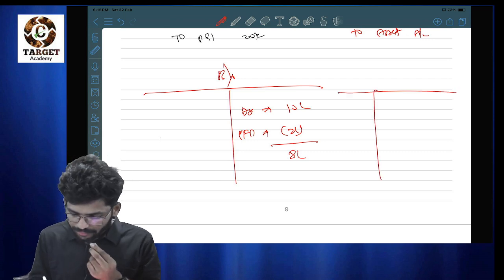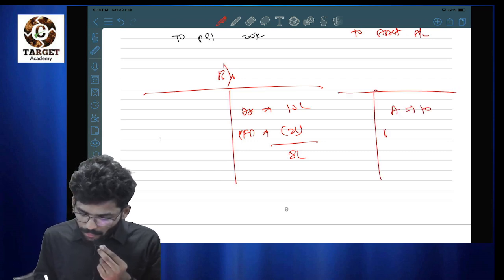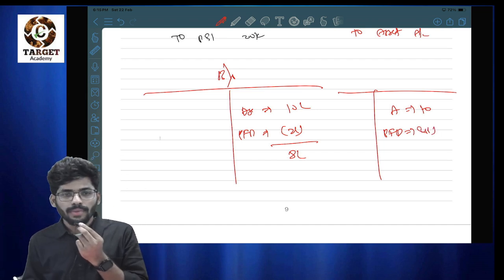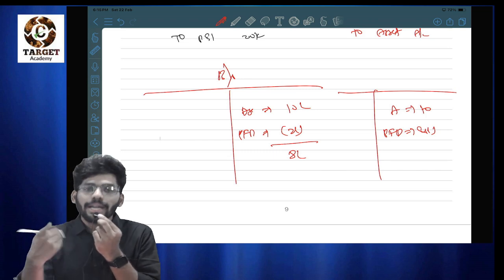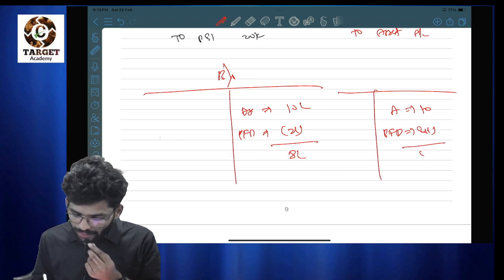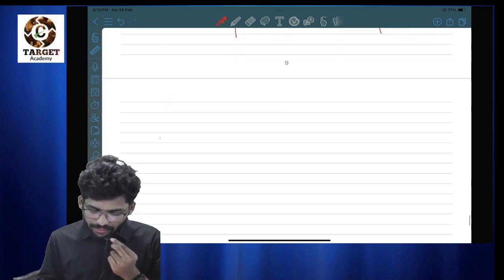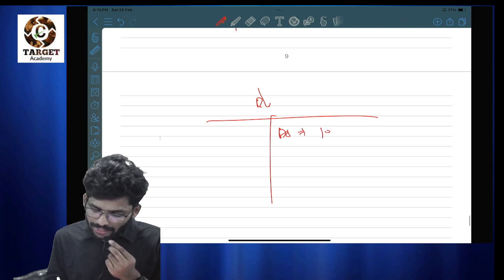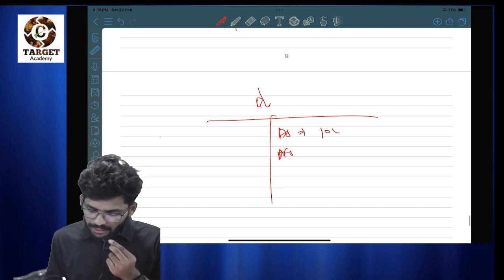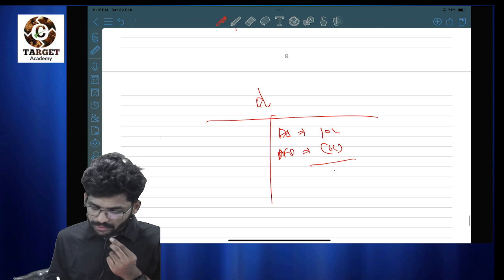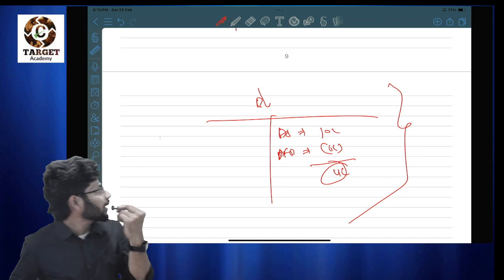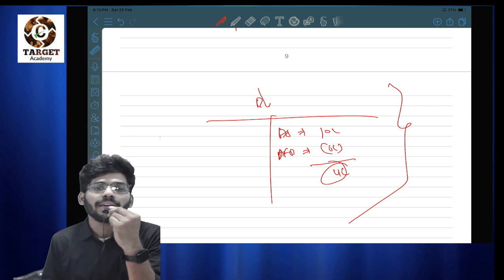Second year, asset 10 lakhs, provision for depreciation 4 lakhs accumulated. Provision for depreciation is nothing but accumulated depreciation. The balance is 6 lakhs. At the end of the third year, asset value again 10 lakhs, provision for depreciation how much? In this case, the user can easily identify the original cost of the asset.